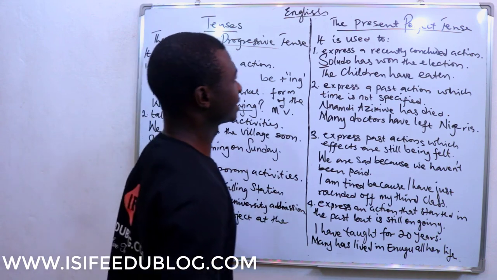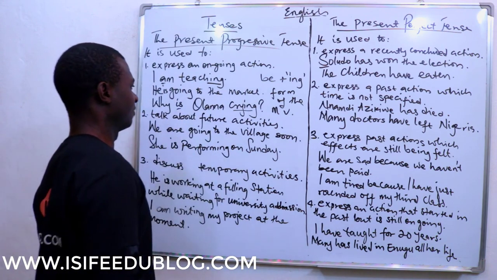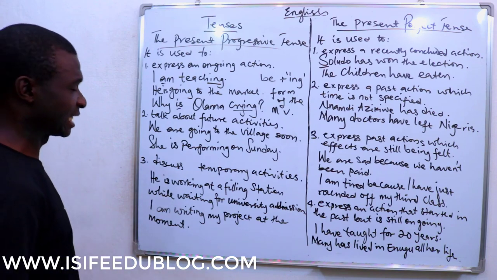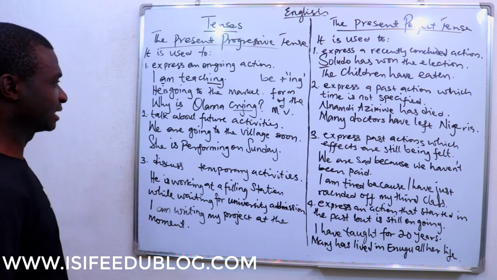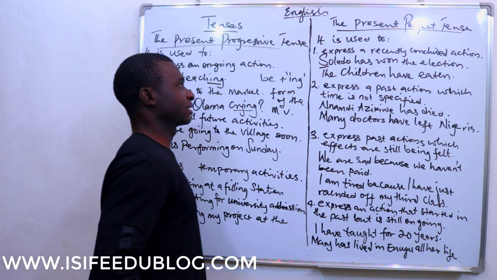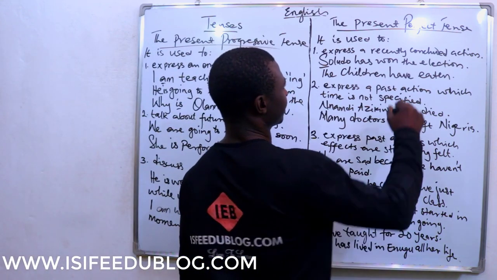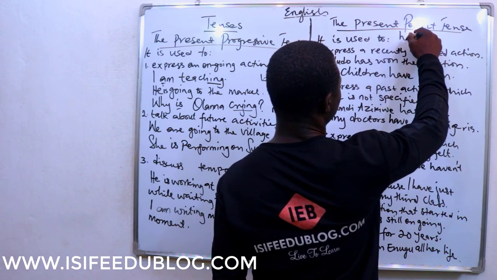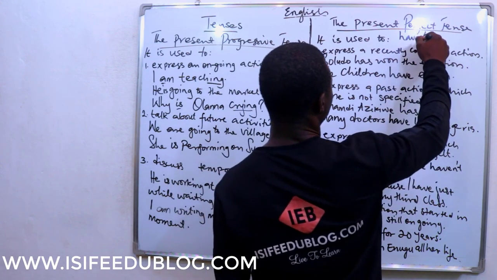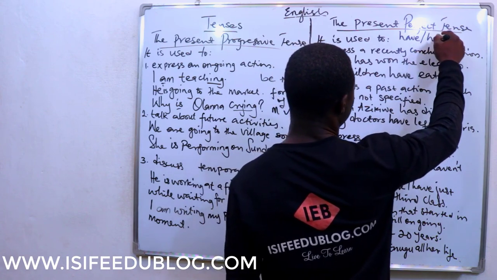Okay, next we have the present perfect tense. The present perfect tense. It is the verb have or its variant has.